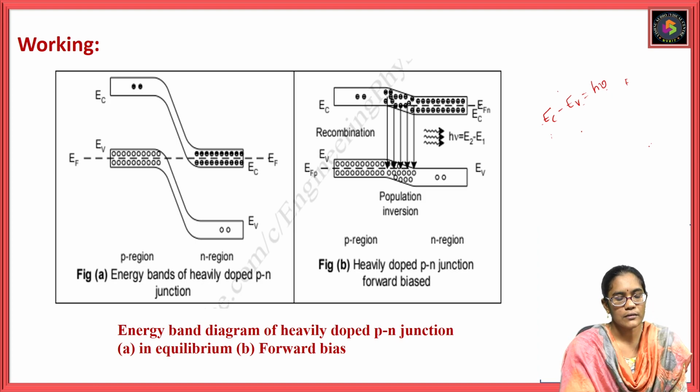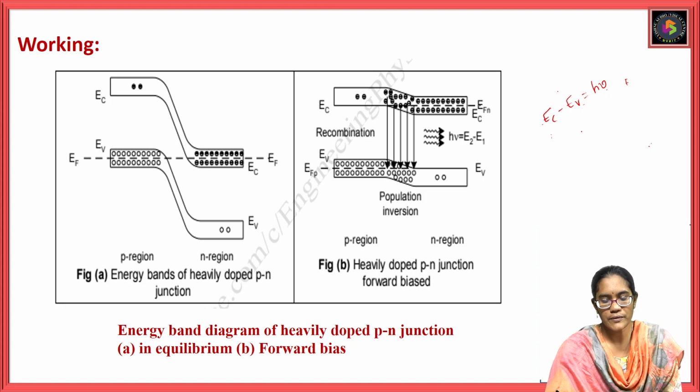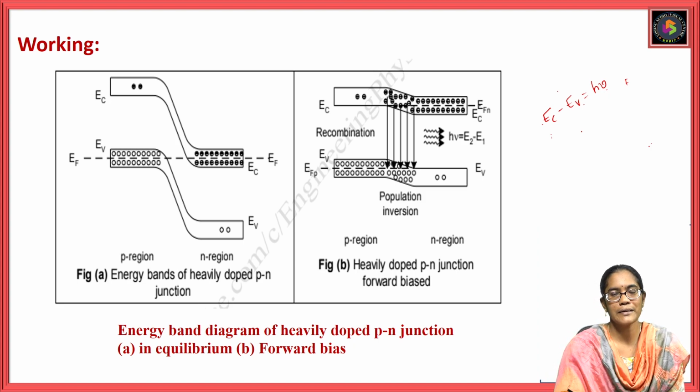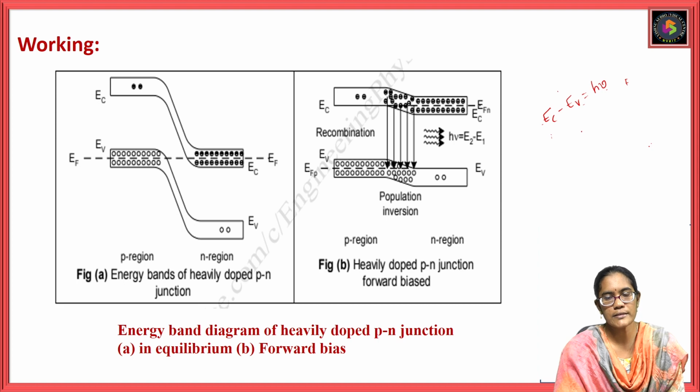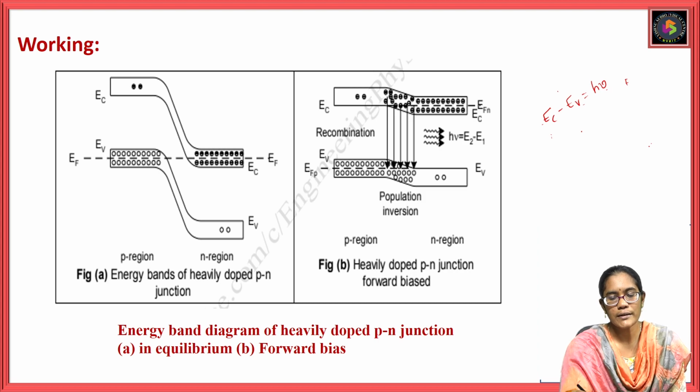So for that, we need to connect this energy band diagram, this PN junction diode, in forward biased condition. If you observe this figure, whenever the PN junction diode is forward biased, if we increase the forward bias voltage greater than the barrier voltage, the energy bands on both sides get aligned.